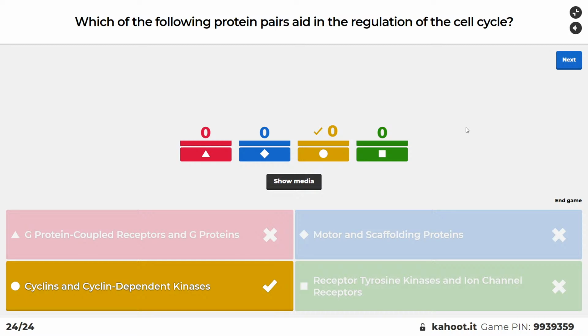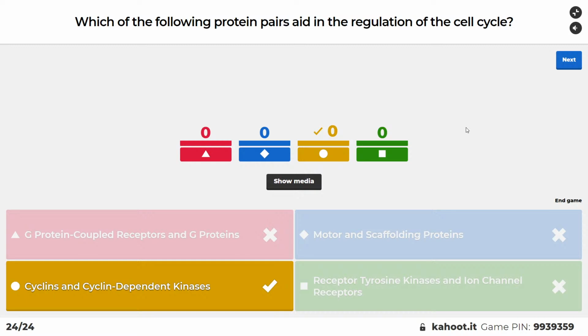Mostly the two collectively are called just the cyclin-dependent kinase complex, the CDKs. And their main function is making sure that all the processes are where they need to be for each checkpoint in the cell.